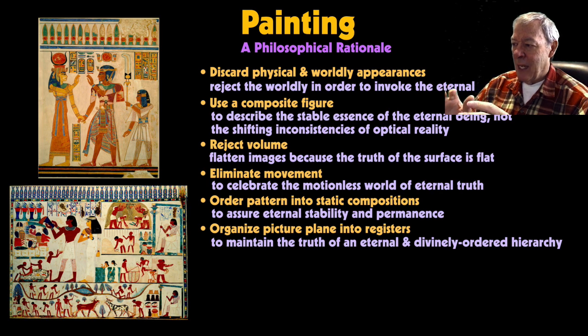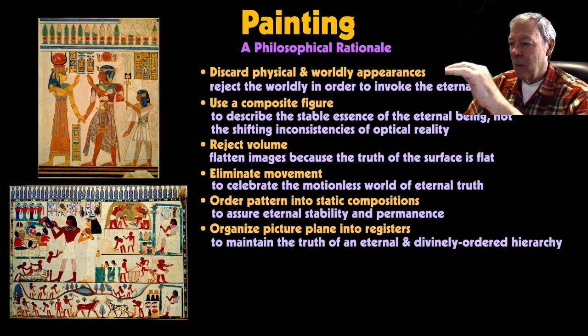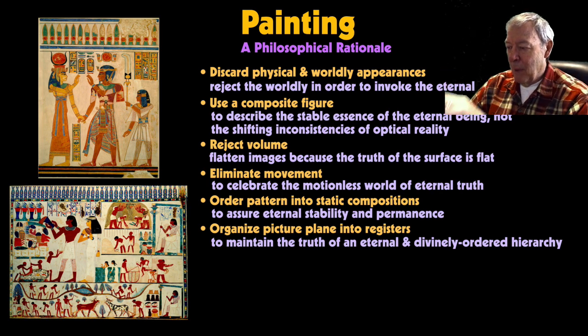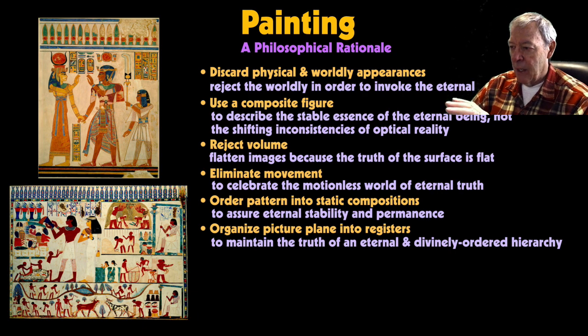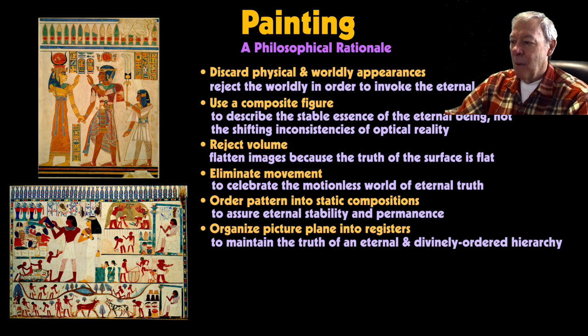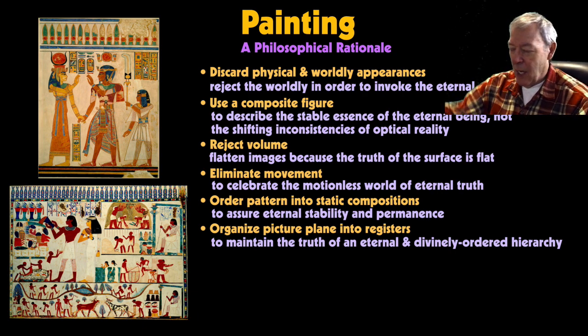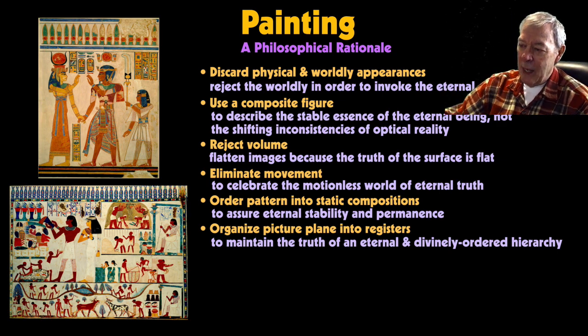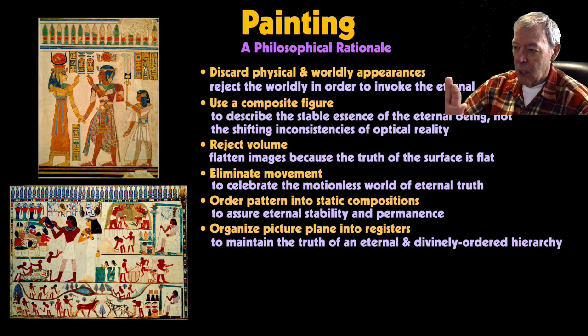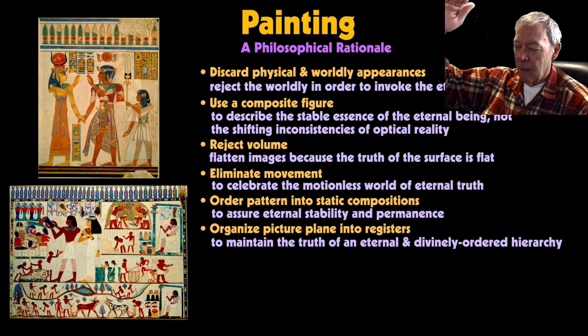So he wants to maintain this divinely ordered hierarchy because the people that were important in ancient Egyptian society were important because they were divinely ordained to be so. People that are slaves are destined to be slaves and nothing else. And so that's the truth of a divinely ordered hierarchy in society, and the way that is represented in the imagery is through hierarchic scale.